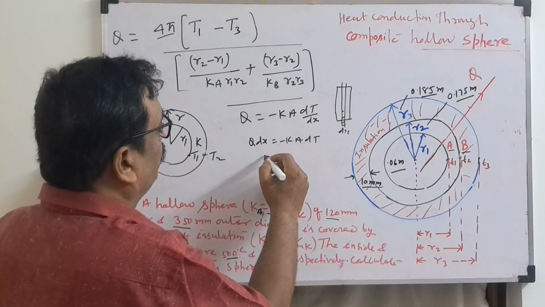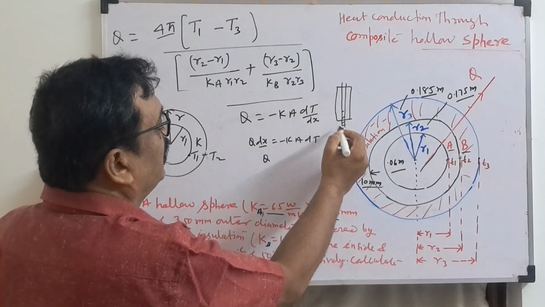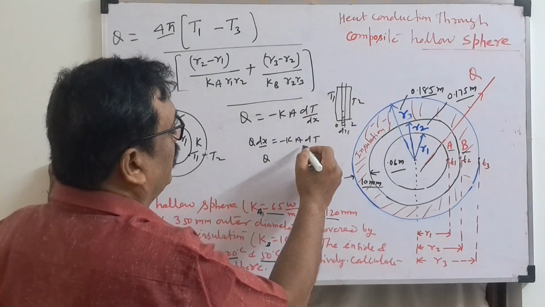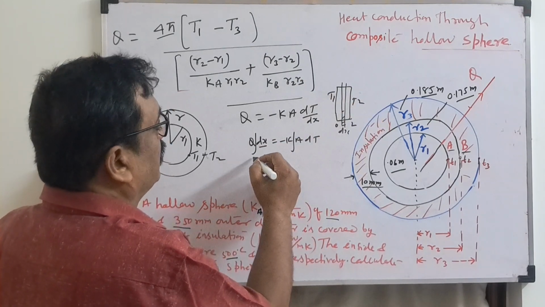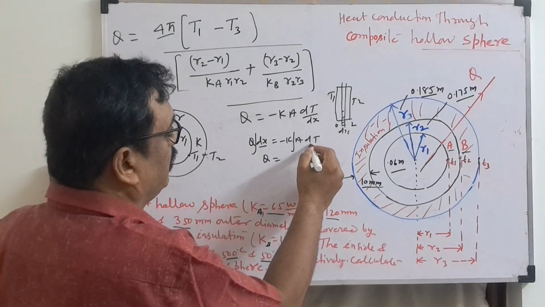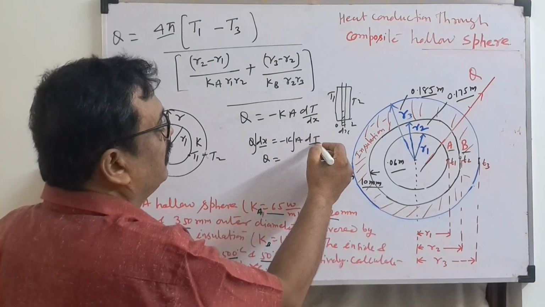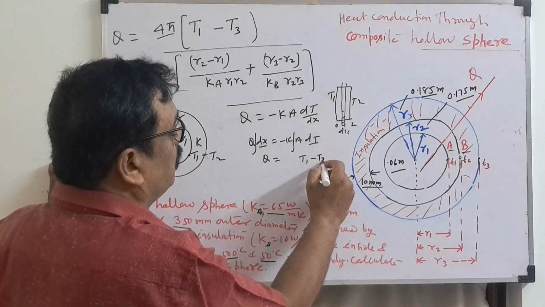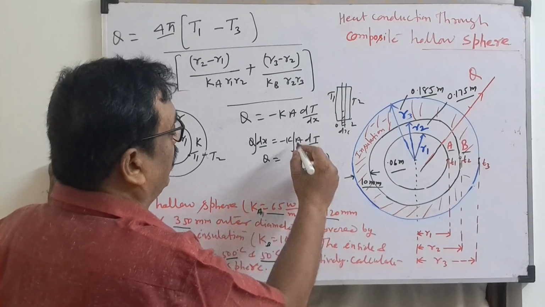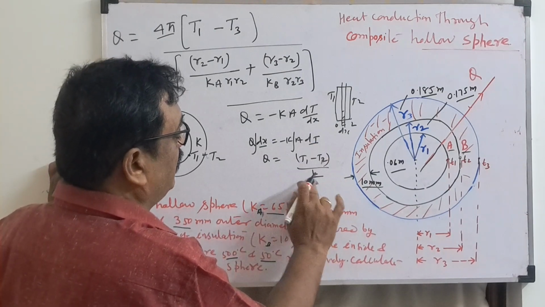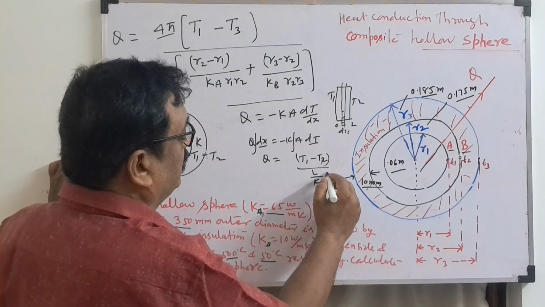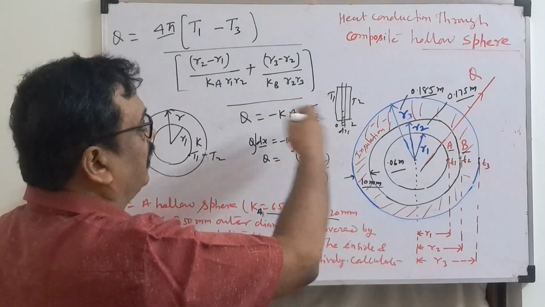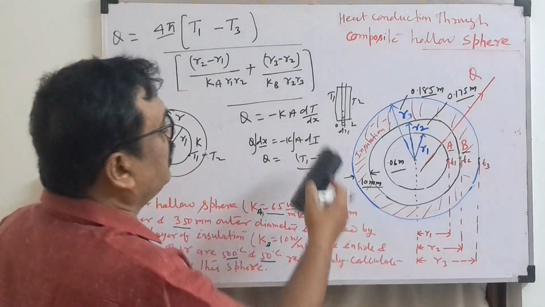Suppose we integrate x from 0 to L and temperature from T1 to T2. What will we get? Q equals the overall temperature difference T1 minus T2 divided by L by Ka. What is this? This is the thermal resistance for the wall. If one wall, two walls, three walls, we add them and the formula will come. So this is the composite wall.